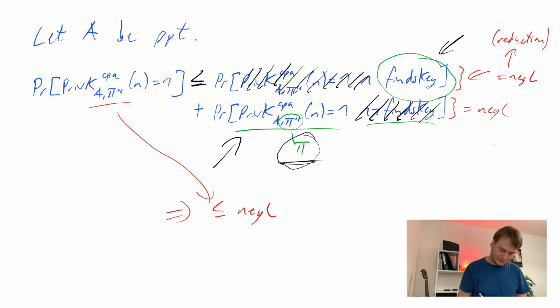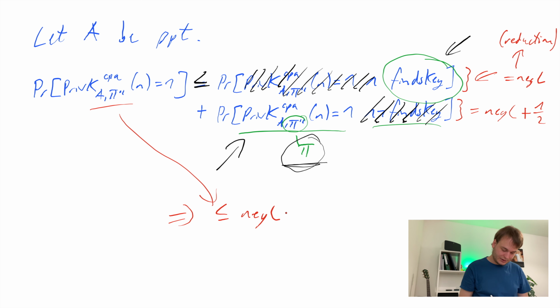So actually, yeah, this is negligible plus 1/2. And then this down here would also be negligible plus 1/2, which is also what we would expect for the CPA game against pi prime prime. Then there are also normally used absolute values for the stuff in between, but yeah, I'll just leave them out for now.